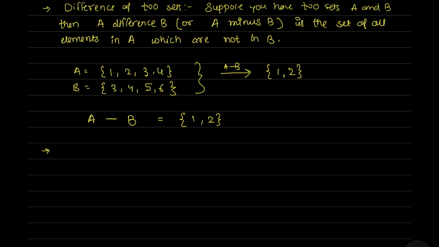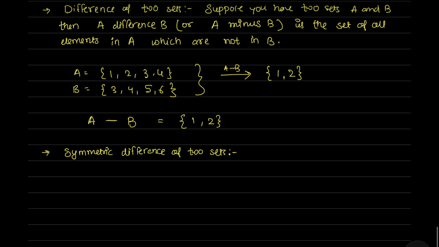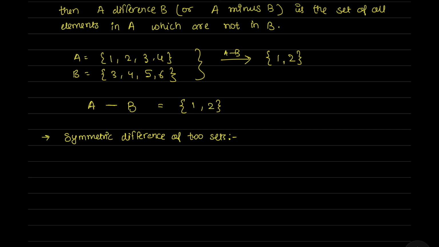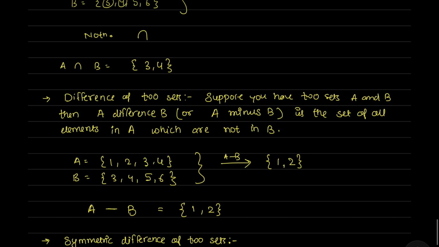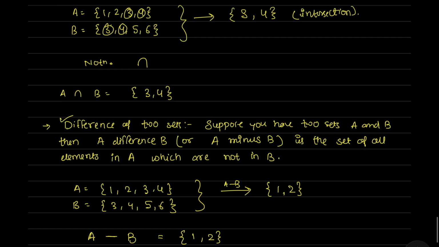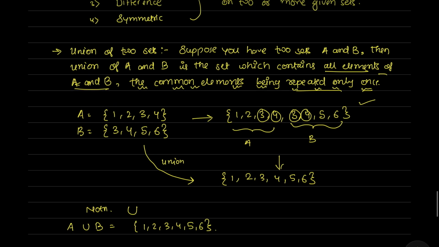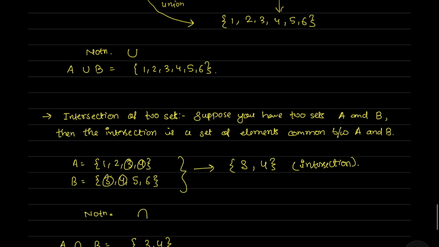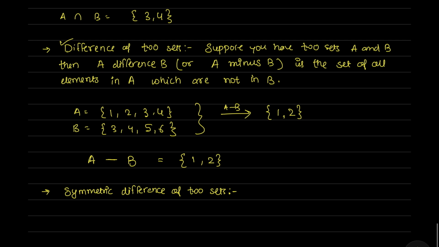Okay. The next topic is symmetric difference of two sets. Now this basically uses a combination of difference of two sets and union of two sets to arrive at a new set. So the definition, we will try to follow the same path as before.